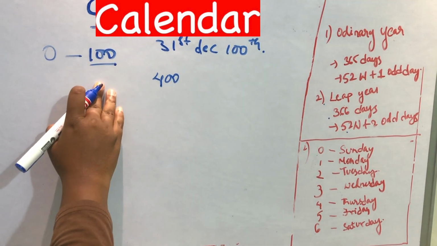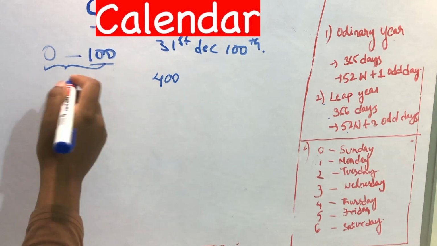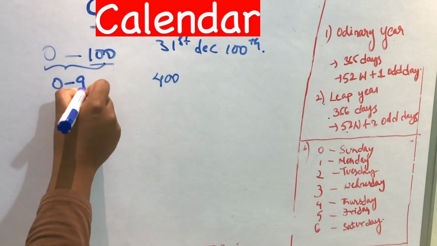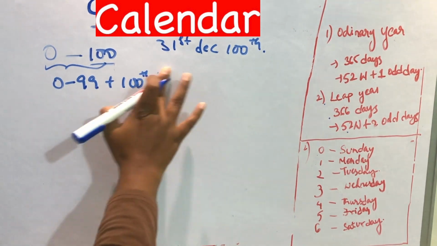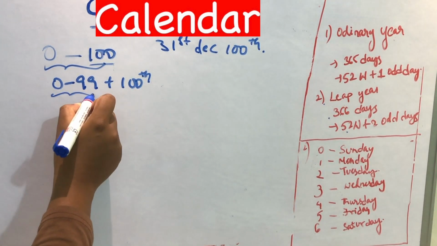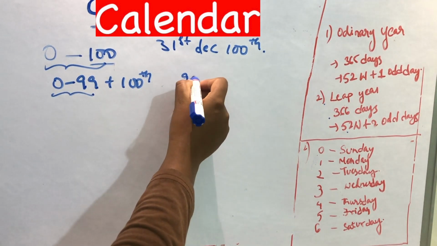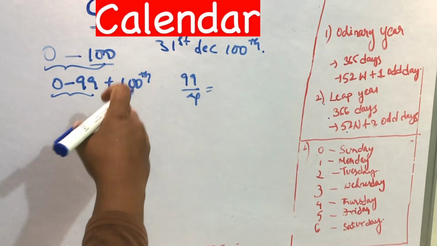So what we have to do is divide these 100 years into 2 parts, that is from 0 to 99 plus the 100th year. As 0 to 99 is not a century year, we can divide this by 4, right? To check the number of leap years.